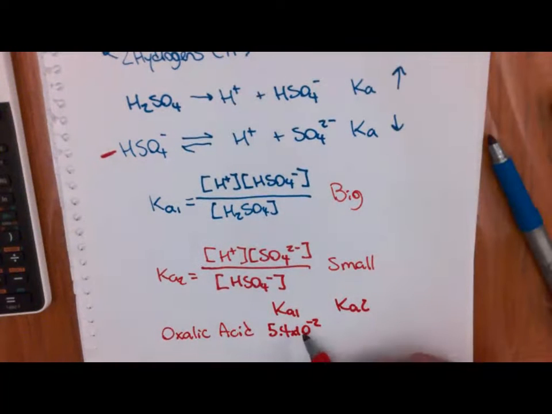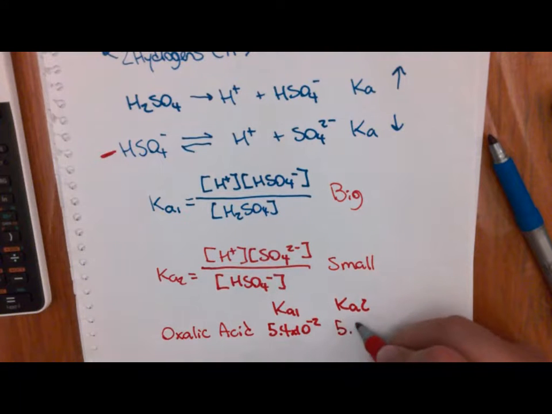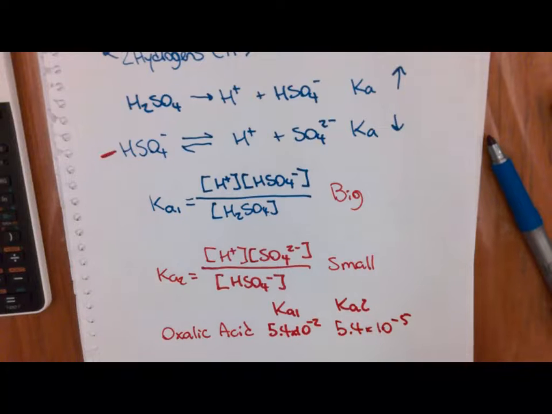That's a pretty big number in terms of K values. Whereas Ka2 is 5.4 times 10 to the negative 5. So that's getting a little bit smaller, and that's going to produce far less hydrogen ions than the Ka1.